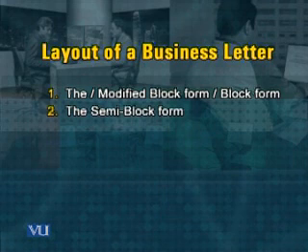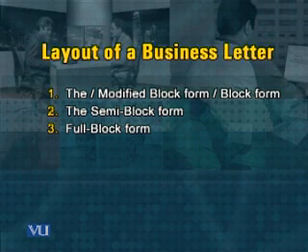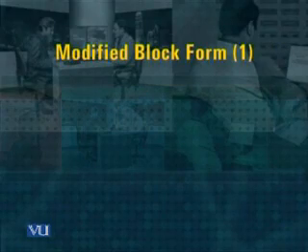Number 2 is semi-block form, and number 3 is full block form. Today let's discuss how we set different essential parts in these layouts. Let's take first the modified block form.